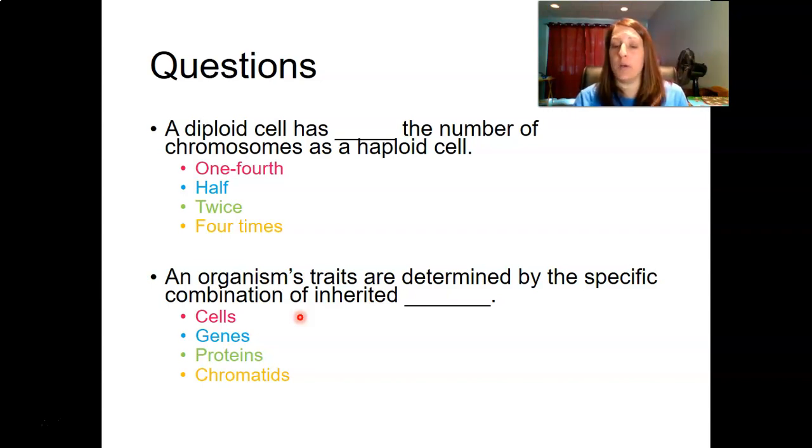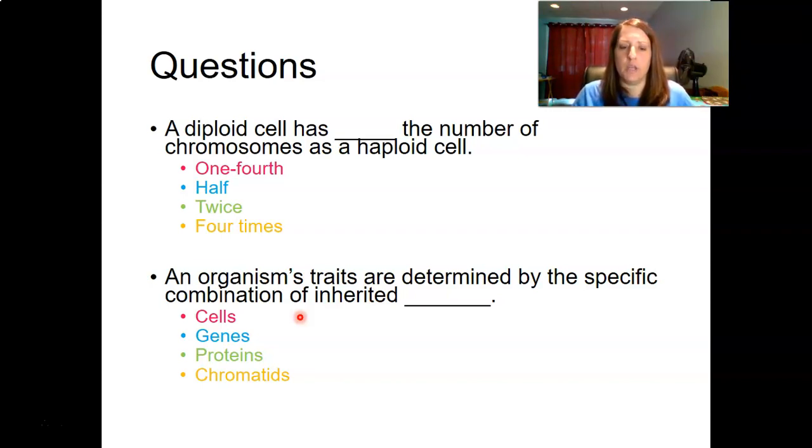We could have reversed the question. We could have said a haploid cell has, and you would have said half the number of chromosomes as a diploid cell. So make sure you know chromosome number. Diploid is 2 times or twice as many chromosomes as a haploid cell, or we could say a haploid cell has half the number of chromosomes found in a diploid cell.